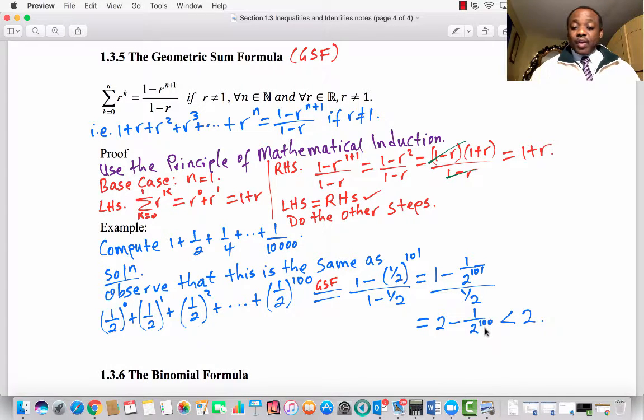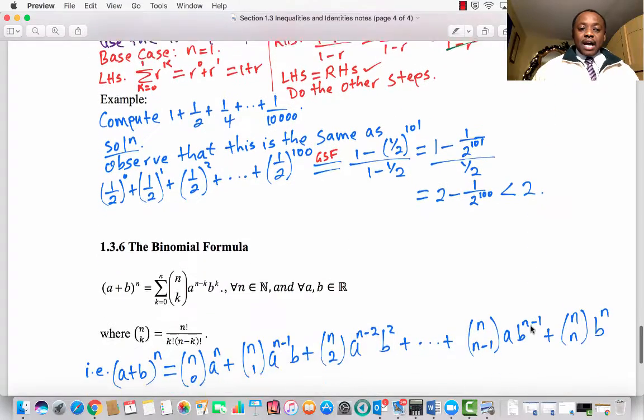Usually, we will not be interested in the exact value. We will be interested in an upper bound. So we would say that this value, no matter how small 1 divided by 2 to the 100 is, is going to be less than 2, and that is what we are interested in. That is the geometric sum formula, GSF.